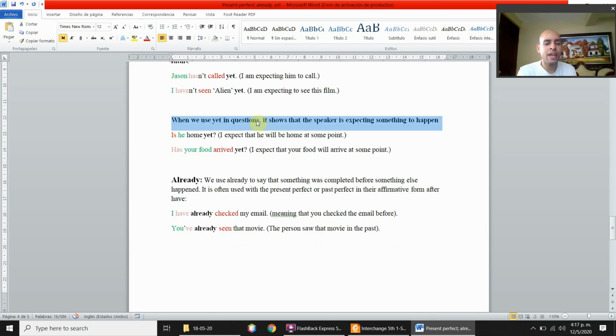So when we use yet in questions, it shows that the speaker is expecting something to happen. So you make a question, but when you use yet at the end of that question, it means that you are expecting something to happen. Is he home yet? You're asking, is he home yet? You are expecting the person to come home later in the future.